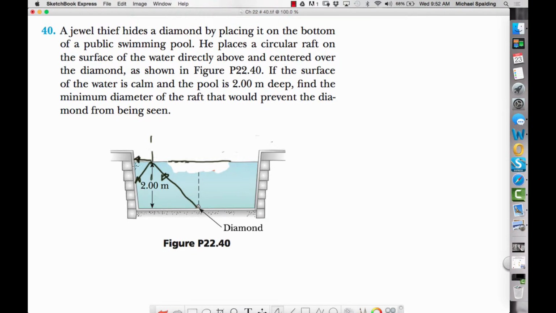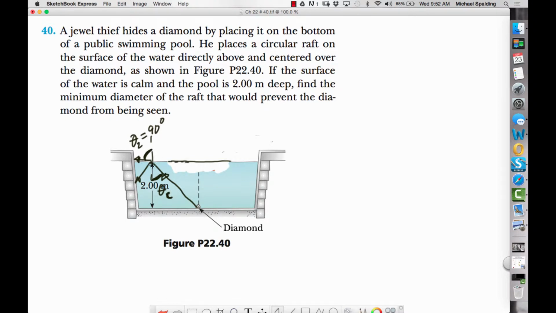Larger. And then what we talked about is there's a limit to how much the angle of refraction can be. What's the limit for the angle of refraction? It's 90 degrees. So if we call that theta 2, and that's 90 degrees, at that point, theta 1 is referred to as the critical angle.